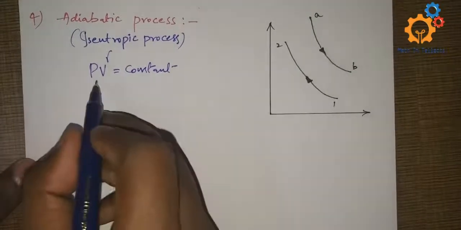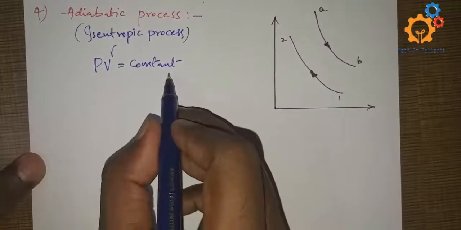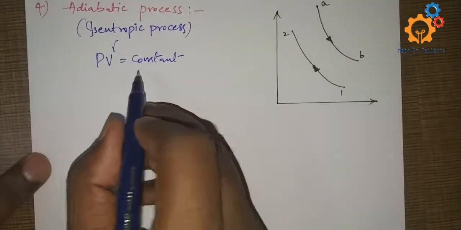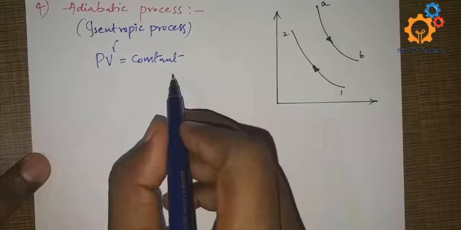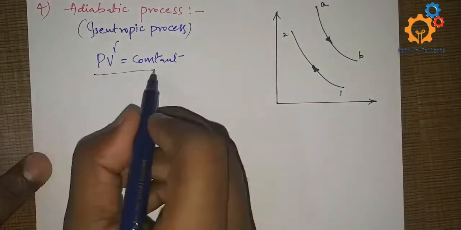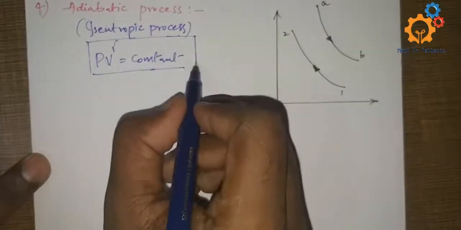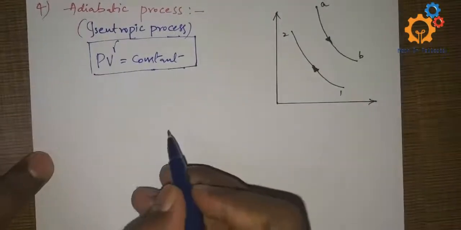I am not interested in deriving this PV^gamma equals constant, but for applying thermodynamic processes in the adiabatic process, I will use this equation, PV^gamma is equal to constant.